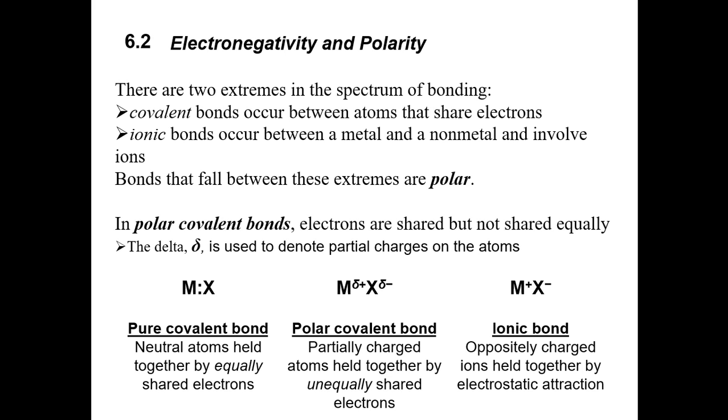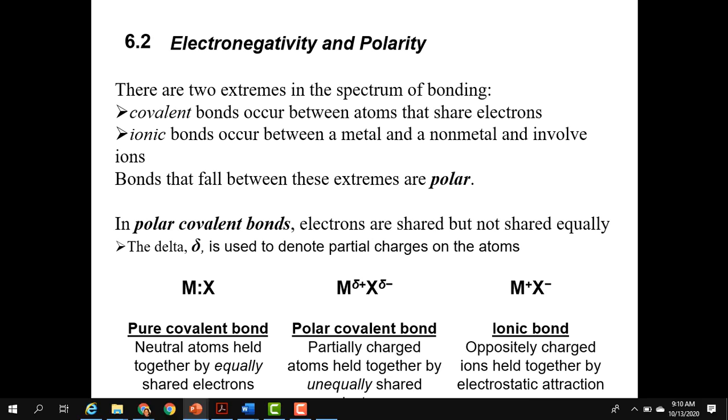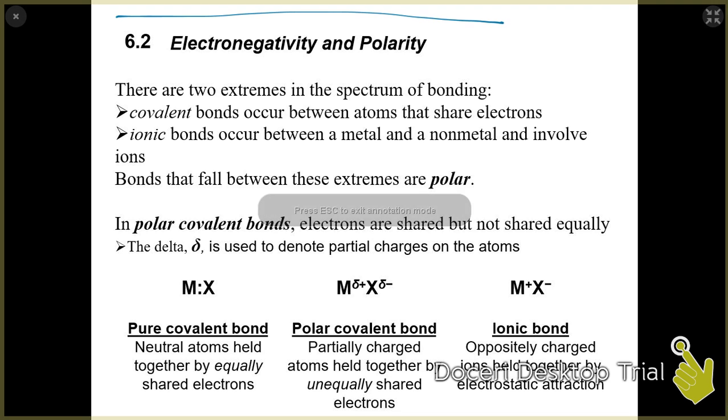Electronegativity is the ability to attract electrons towards themselves. So if you look at the periodic table, from left to right, from metals to non-metals, electronegativity increases. Metals have the least electronegativity. They never attract electrons, they lose electrons.